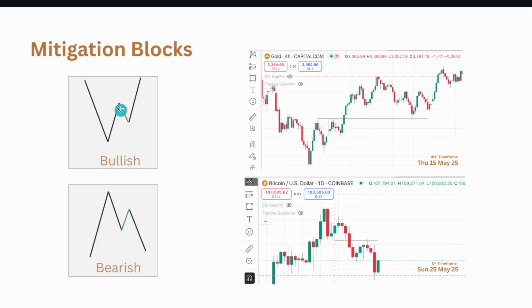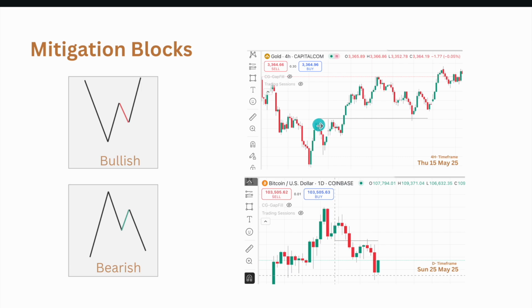So this order block is then tested. Let's see it on the chart. So gold is in a bearish trend, and after the retrace it fails to run down this swing low and continues the journey upward.